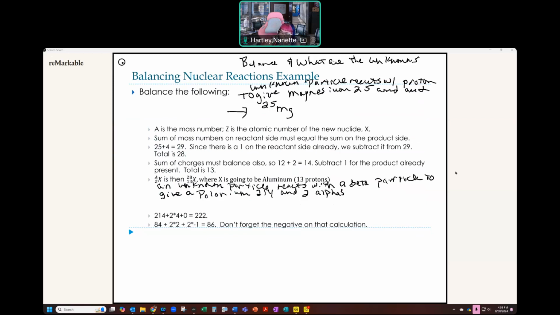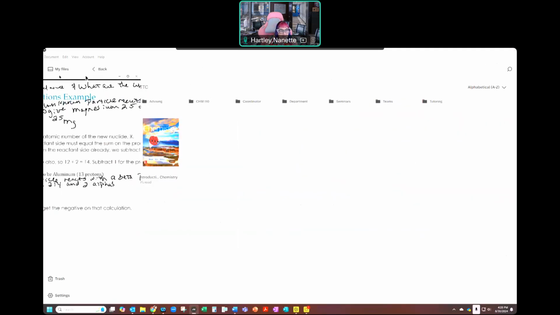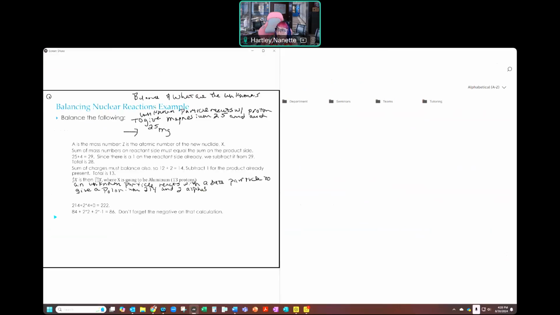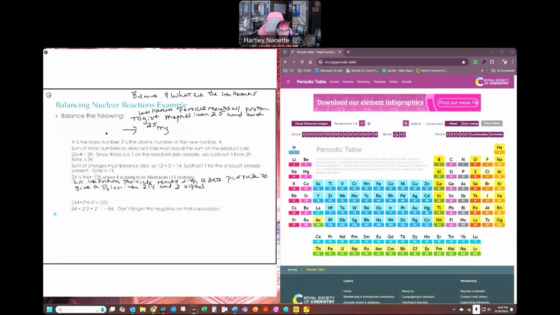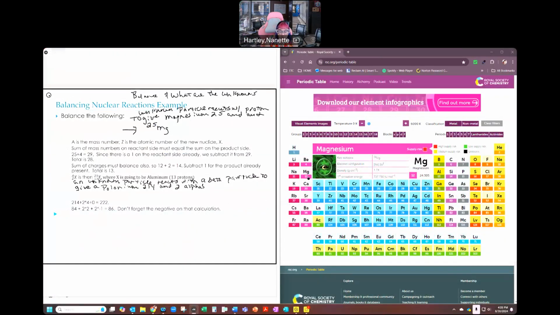Mg is atomic number 12, so it's going to come down here. 12 Mg, and that 25 is the mass number. And an alpha, so 4,2 alpha or 4,2 He. Either one of those works.